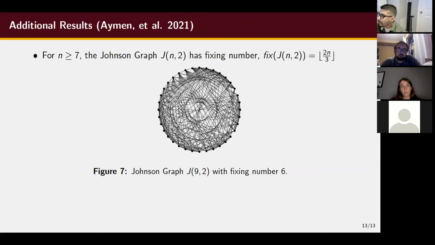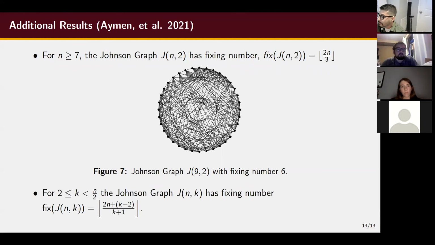And this example can be seen for J(9,2) with the fixing number 6. And we use these results to help us come up with this next bullet, which is the Johnson graph J(n,k) for k greater than or equal to 2 but less than n over 2, that the fixing number will be equal to the floor function of (2n plus k minus 2) over (k plus 1).